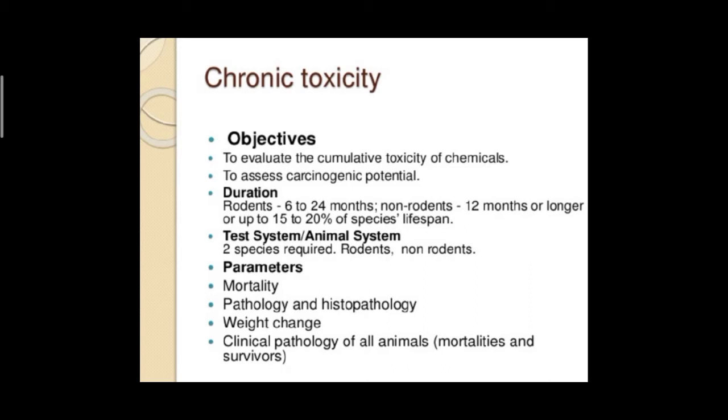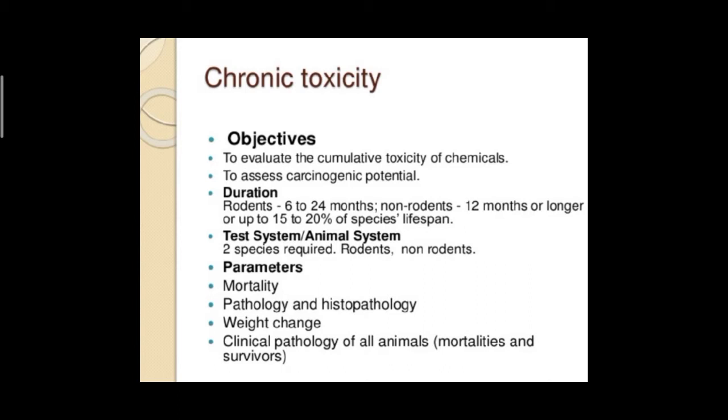Chronic toxicity, so we are finding the toxicity of the particular research product, whether it is causing complications to the animals or not, and we have to report everything. That's why they have to record the mortality rate, and check the pathological changes after giving a particular dose to the animals, what changes occur in the body.